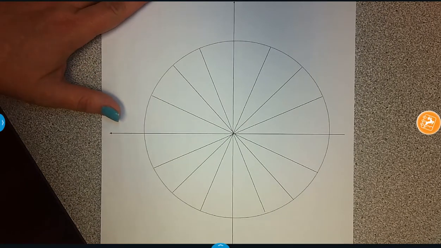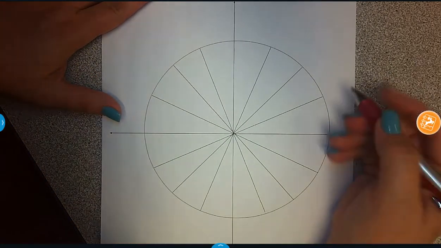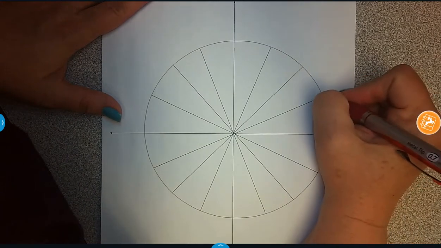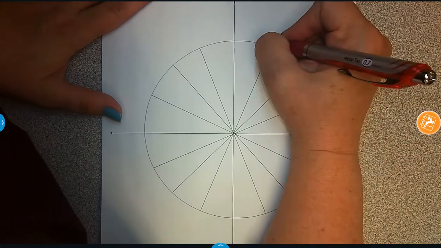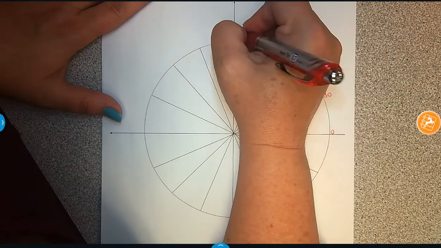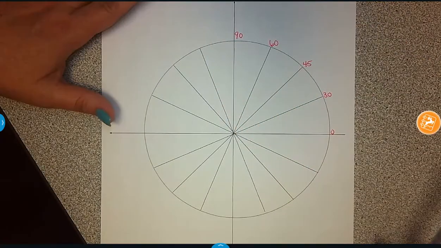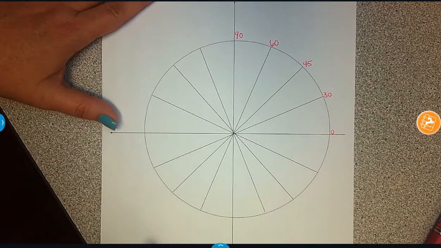All right, so I know that this is 0, 30, 45, 60, and 90. Okay, I'm going to let you figure out the rest of the circle.